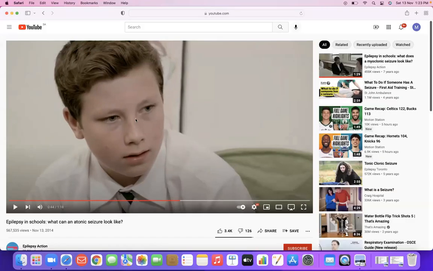Echo, abdominal ultrasound, etc. Chest X-ray also. Okay, what about considering MRI in this patient? Considering MRI in this patient, if this is tuberous sclerosis, then it will most likely show tubers in the brain.